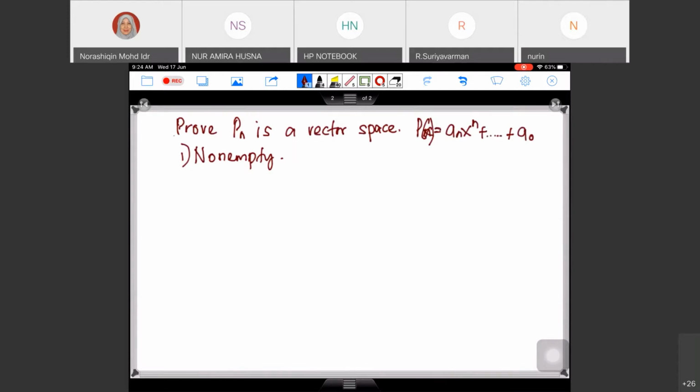Remember about the identity. What is the identity in Pn? The identity should be P(x) equal to 0x to the n plus blah blah blah plus 0. That is 0.